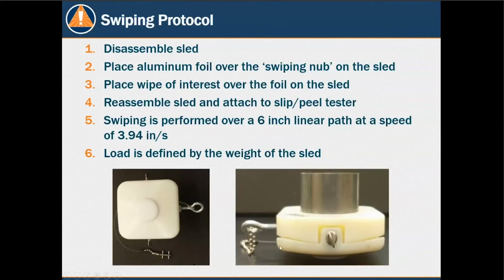And then over the surface of that foil was the trap that we were using to collect residue. The point of the aluminum is that anything that made it through the trap would be collected on the aluminum, and both the aluminum and the trap were assayed for total recovery of residue. And as I mentioned, the load was defined by the weight of the sled, and we had a very precise path length and a precise swiping speed.